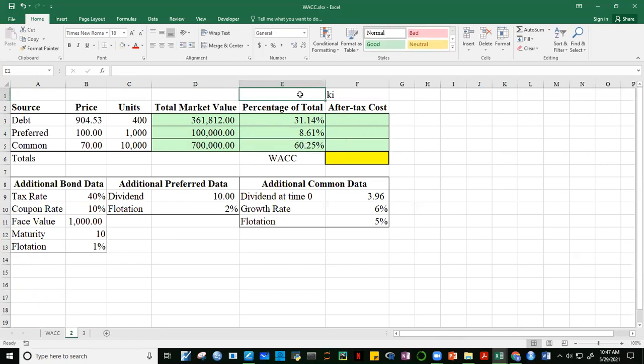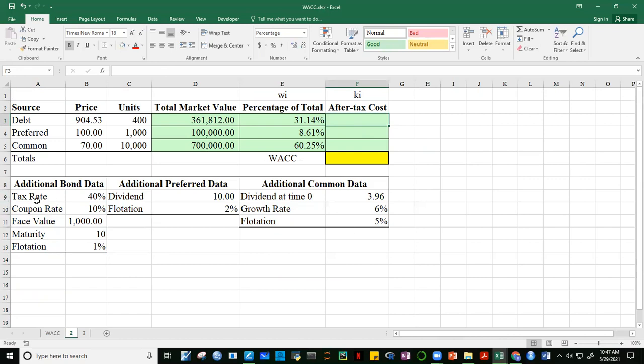This is your W sub I. What we lack is your K sub I. We need to get the after-tax cost of debt. How do we compute this?